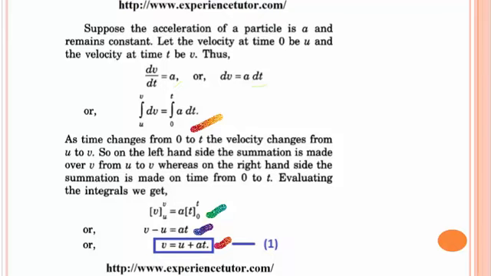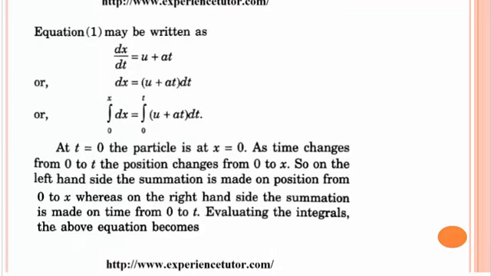Equation 1 may be written as dx by dt is equal to u plus at. Here we have written dx by dt instead of v. Cross multiplication will give dx is equal to (u plus at) dt.